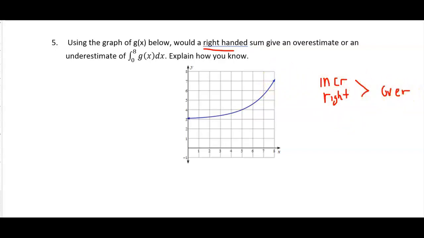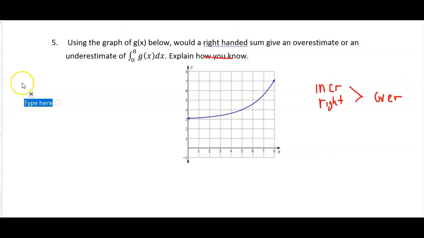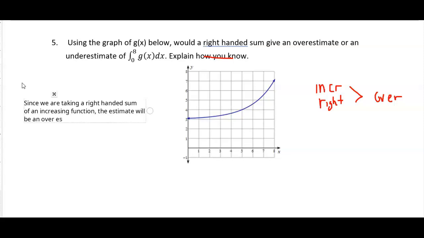Okay, so the way we would word it is as follows. And there you go. So that's how you'd write that one out.